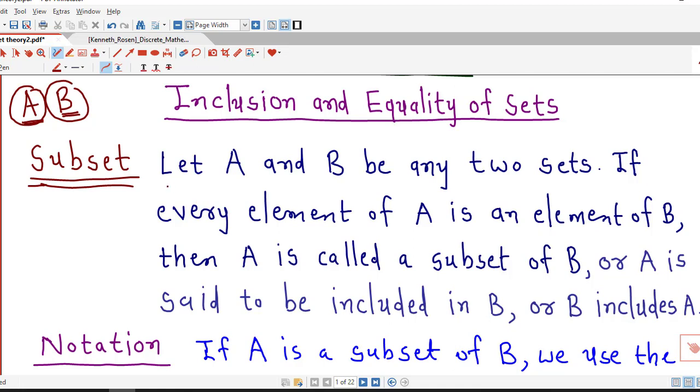Here we have written the definition: let A and B be any two sets.